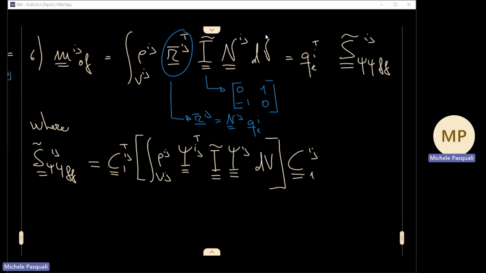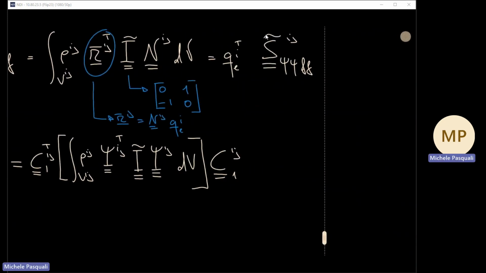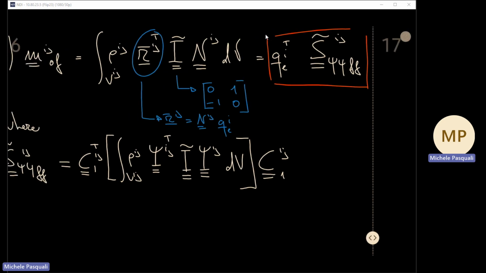So this basically closes the calculation of the mass matrix, because eventually, it means that if we have these three quantities, so this S, psi, Cij tilde calculated, then we have this. Okay, so this is one of the sub matrices that we have to calculate.